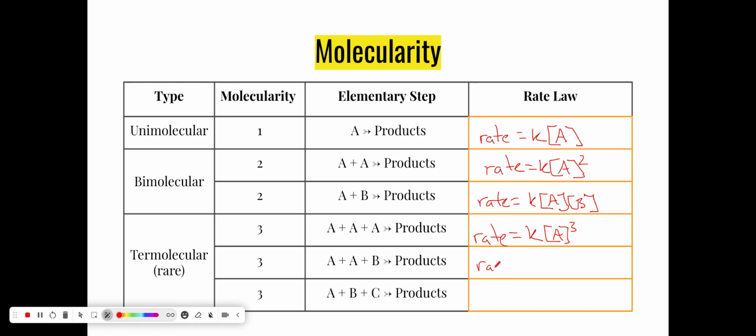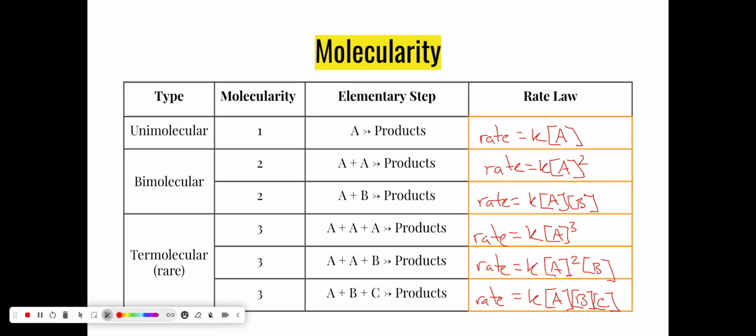We could also represent a termolecular reaction with the rate constant K times the concentration of A squared, right? Because now there are two A's, times the concentration of B. Or it could be three different substances, where the rate is equal to K times the concentration of A times the concentration of B, and finally times the concentration of C. Now that's how we would express the rate law for all of these elementary steps.